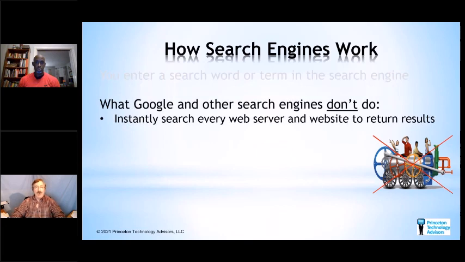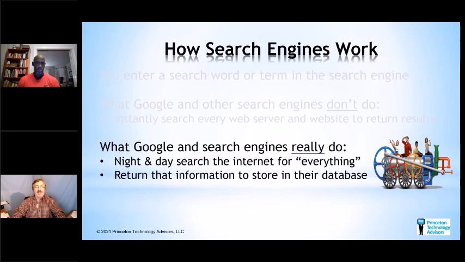What the search engines don't do is instantly search every website, web server, and web page throughout the world and return thousands or millions of results in 1.5 seconds. They don't go out to the internet searching the websites. It's not what search engines do. They give the appearance that's what they do because they do return links to websites.